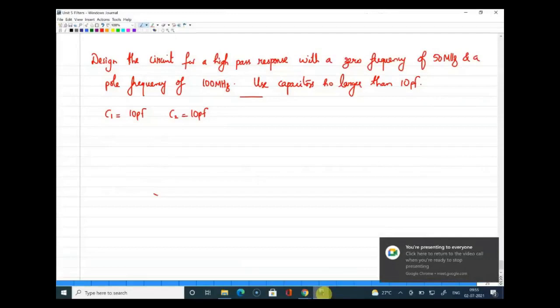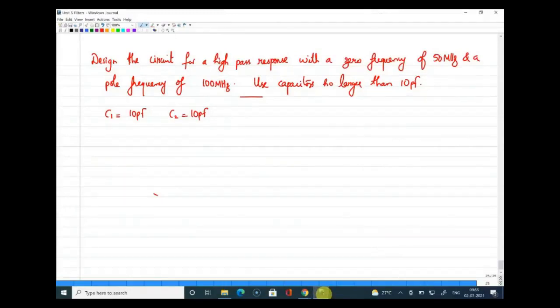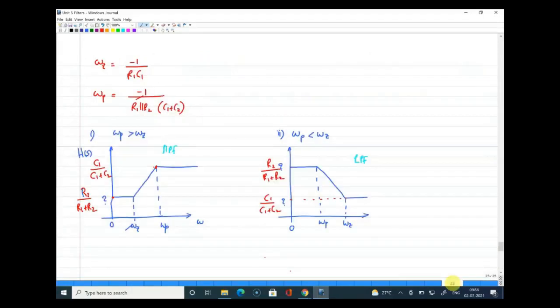Yeah, so this is the expression that you have, right? Can you see the screen now? Yes, sir. So what you need to do here, we know that the zero frequency is given as 1 by 2 pi R1 C1. That is what we have written.